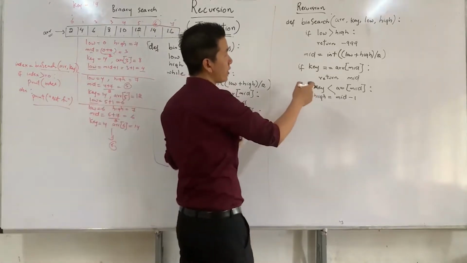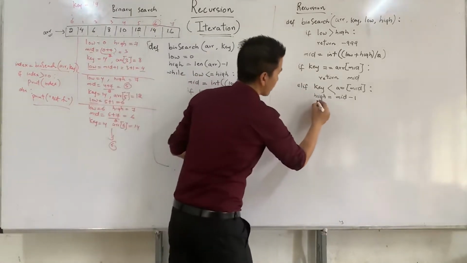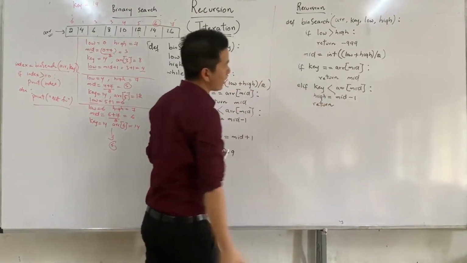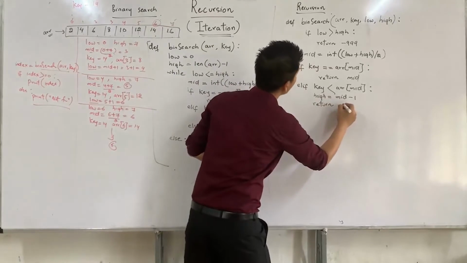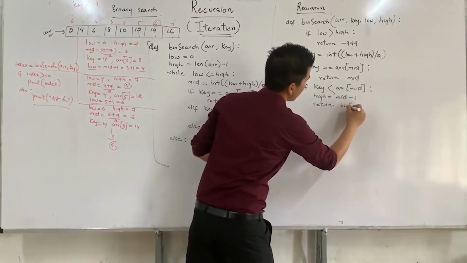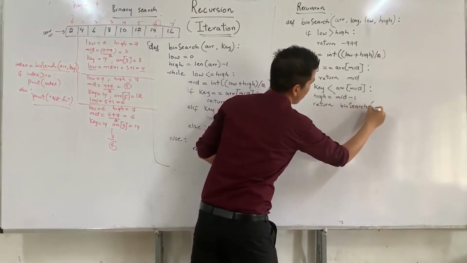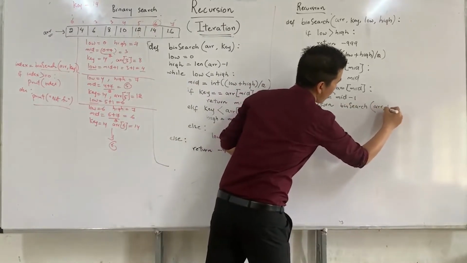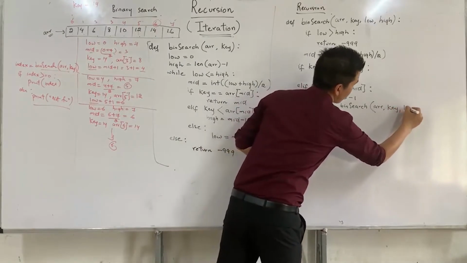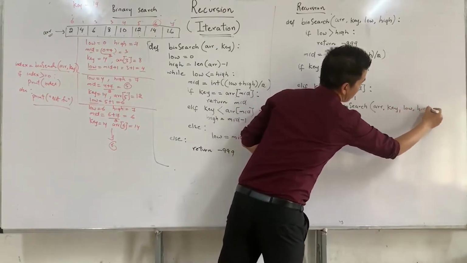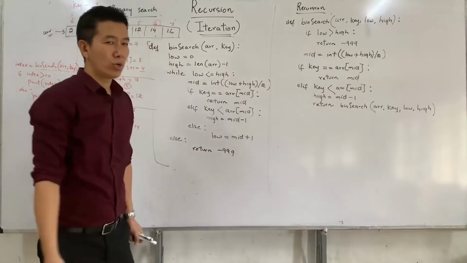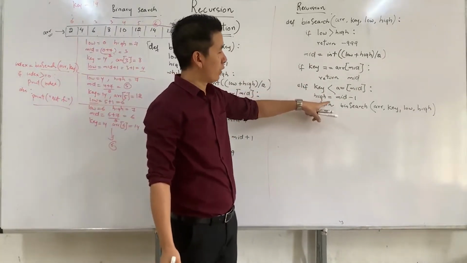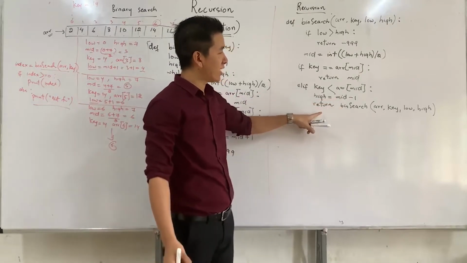We now need to call the same function again. So it's going to be return bin search, and then again you have the 4 elements which start with ARR, you have the key, you have the low, and then you have the high. So if this condition evaluates to true, high value will be changed to mid minus 1, and then again make that recursive call.